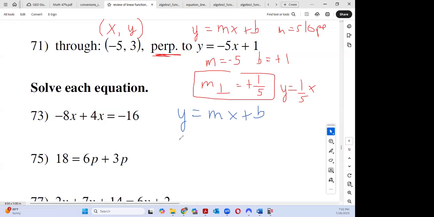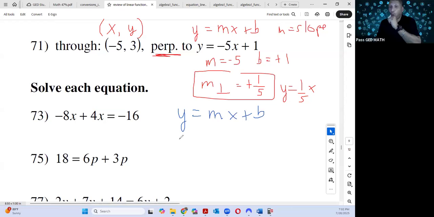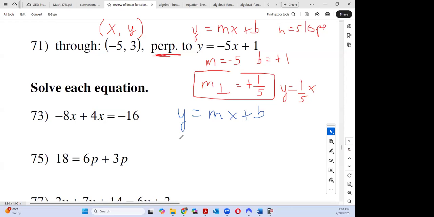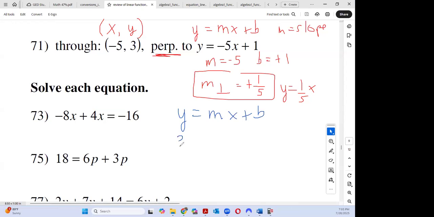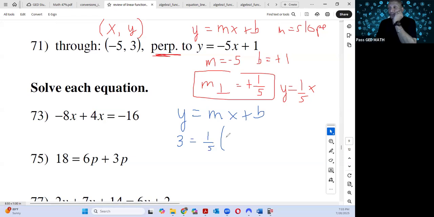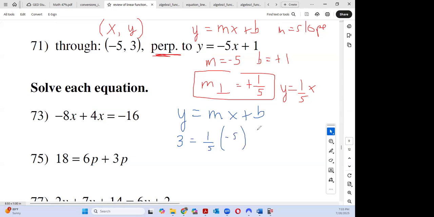Everything is labeled. My y is 3. What's my slope? 1/5. What's my x? Negative 5. Plus b.